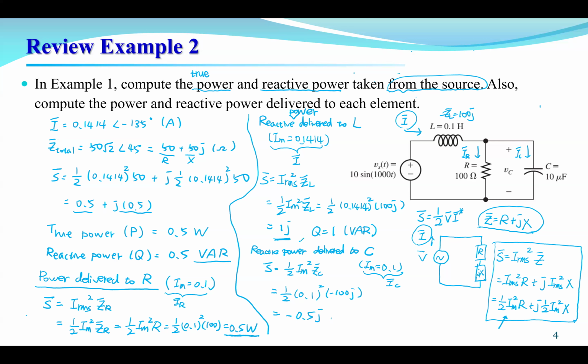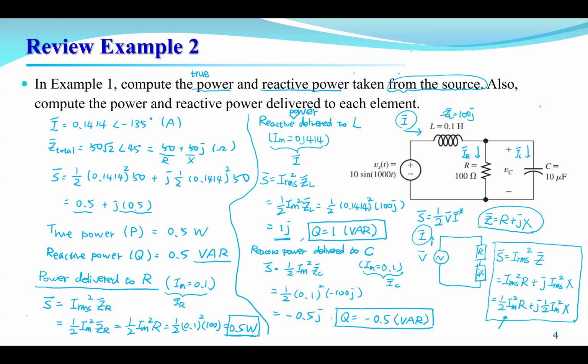So it's Q. The power delivered to the capacitor is minus 0.5 VAR. This is the answer, the power delivered to C. This is the reactive power delivered to the inductor, and this is the true power delivered to the resistor.